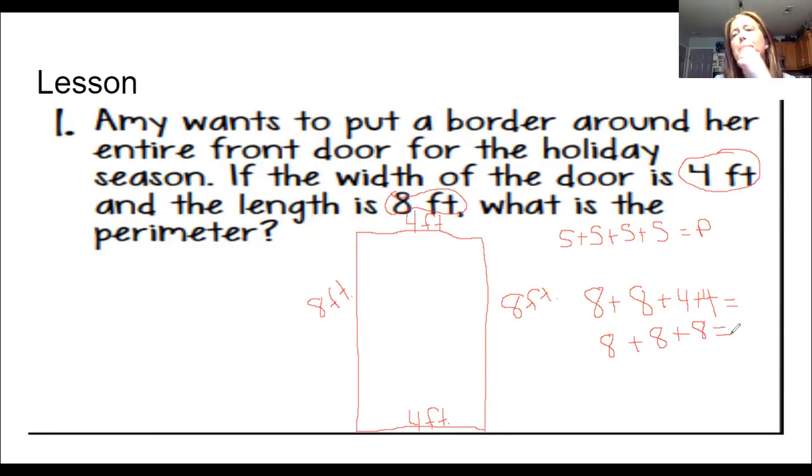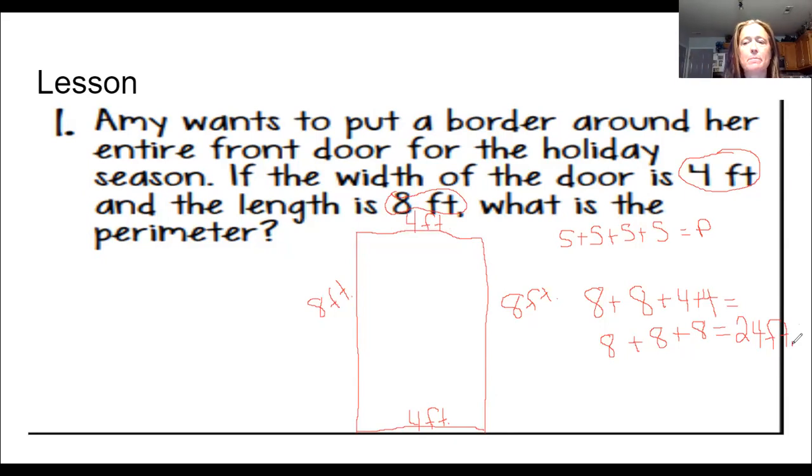And I know that 3 eights equal 24. Okay, so the perimeter of this rectangle or her door is 24.